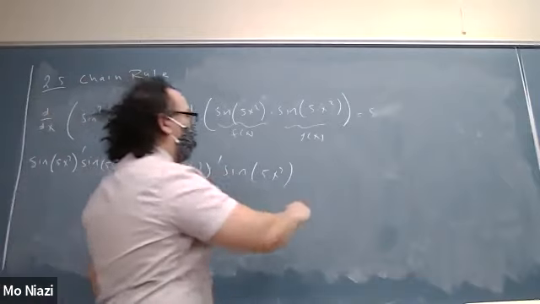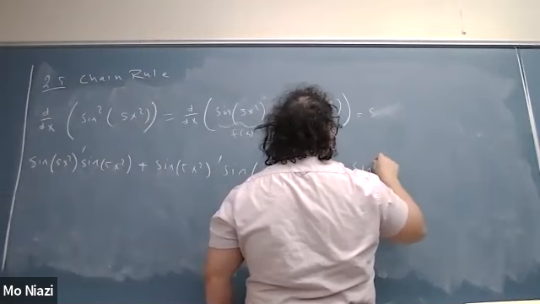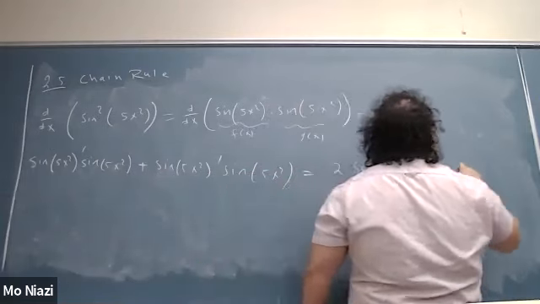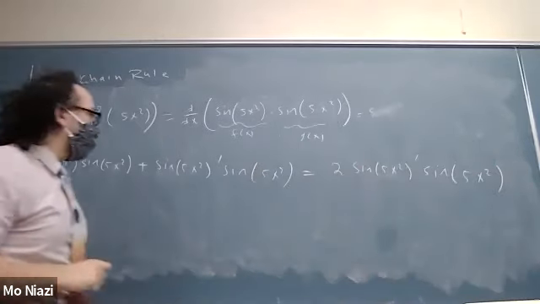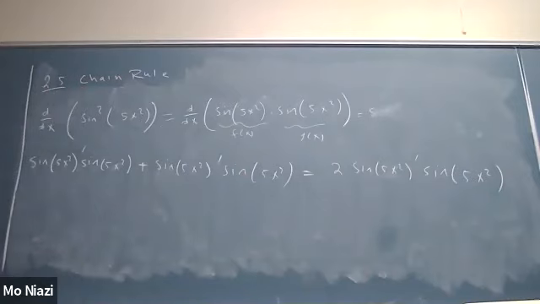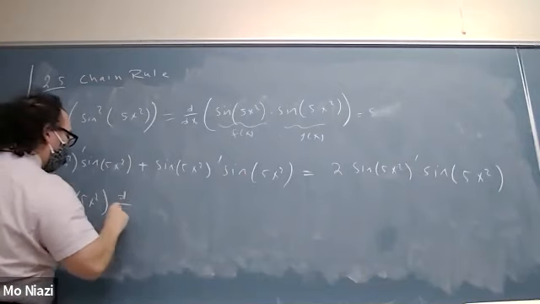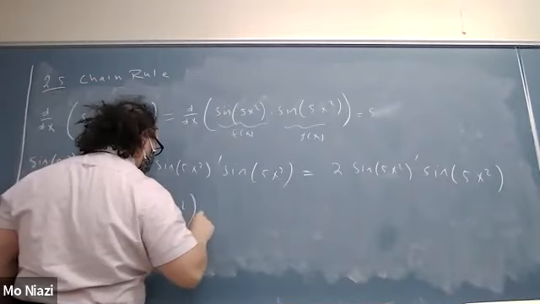Notice that we can now write this as 2 times sine of 5x squared prime times sine of 5x squared. So that makes it simpler, because it's the same thing. Now we have to take the derivative of sine of 5x squared. So this becomes 2 sine of 5x squared times ddx of sine of 5x squared.